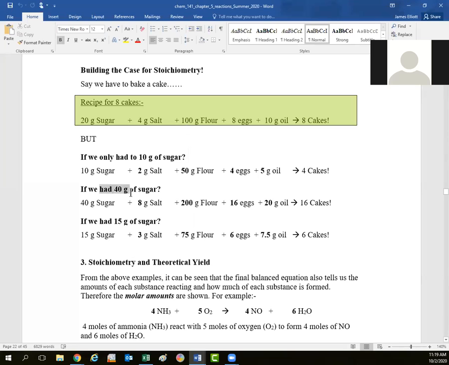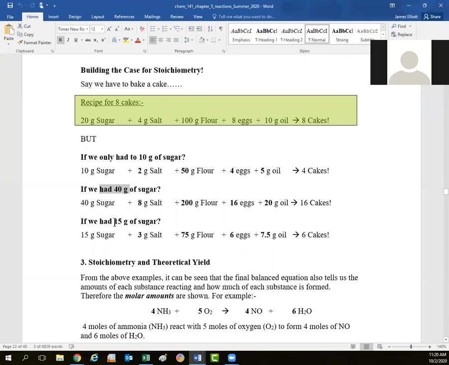Or if we had 40 grams of sugar and we wanted to use it up to make as many cakes as possible, of course, compared to the original recipe, 20 grams, that's twice as much. So we'd use twice as much salt, flour, eggs, oil, and produce twice as many cupcakes. I'm sure you get the idea. And we've got all versions in between.